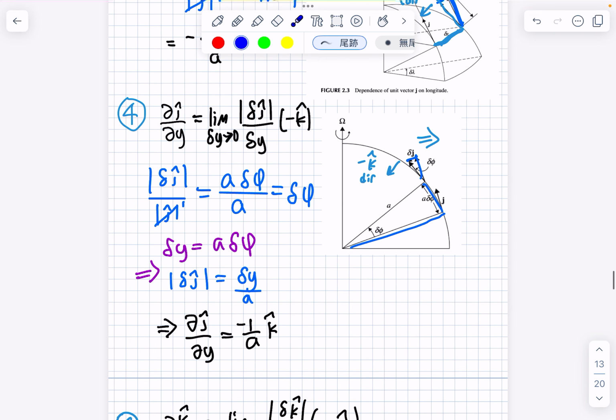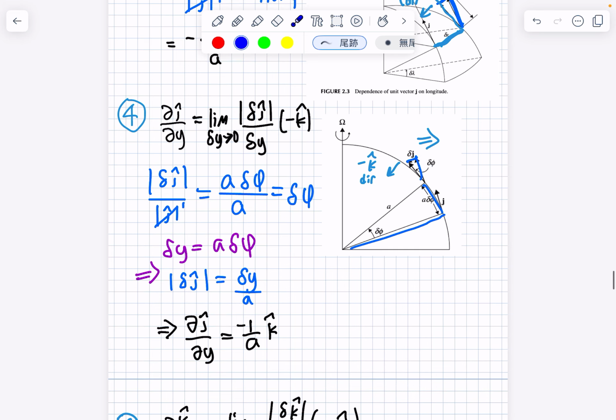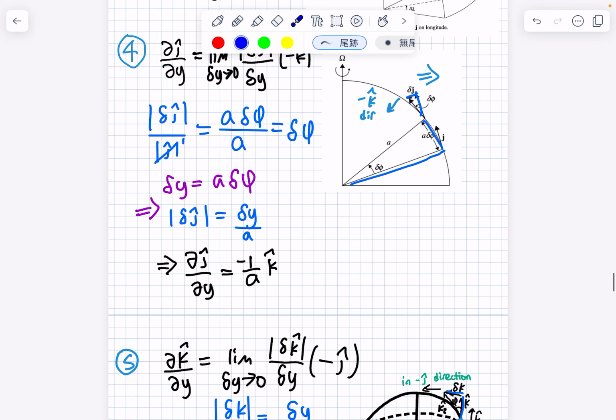Then for dj dy, we write it in this form. We know that it's in the negative k hat direction, and we know delta j over j is equal to a delta phi, where phi is latitude, divided by a. So that's this. The a's cancel out, we get this. And we also know that we're looking for delta y.